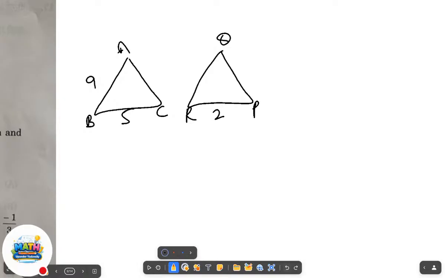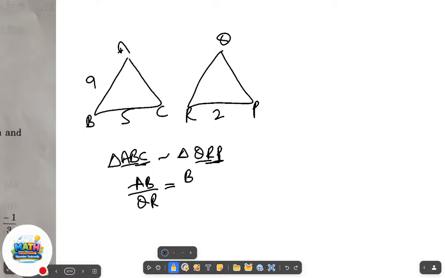You know that when triangle ABC is similar to triangle QRP, their corresponding sides are proportional, means the ratio is the same, right? We can write AB by QR is equal to BC by RP is equal to AC by QP.